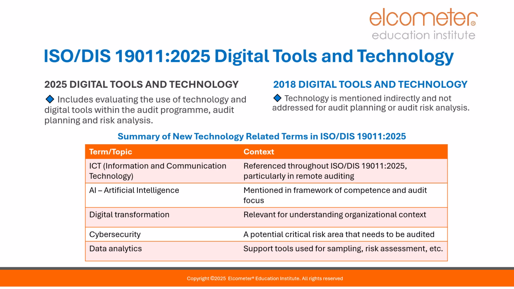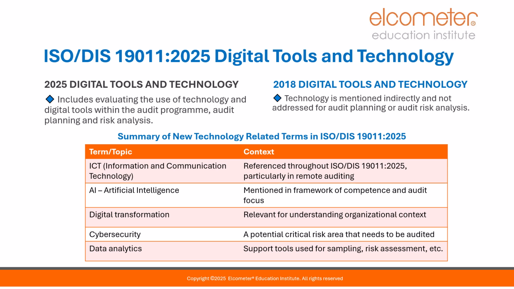Digital transformation and audit competency in 2025 includes updates to auditor competency requirements, explicitly with understanding digital transformation in organizations, being able to evaluate automated systems, AI-based decision-making, and digitally integrated management systems.